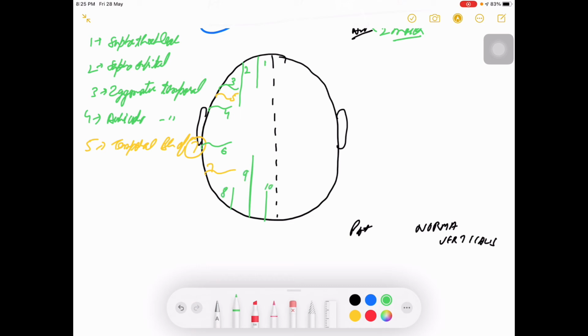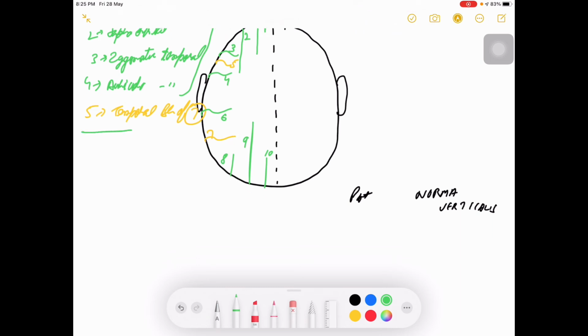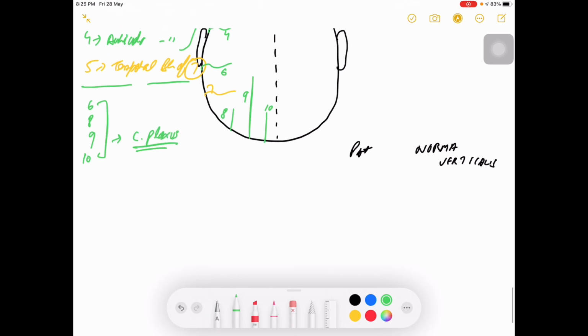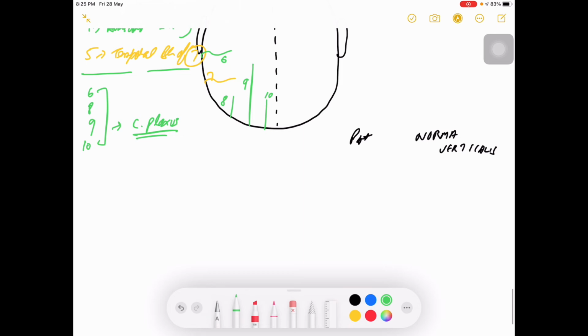These first ones were basically branches of the trigeminal, and the sensory ones that are posterior, that is 6, 8, 9 and 10, are branches coming from the cervical plexus. I'll label them now. The sixth one is your greater auricular.